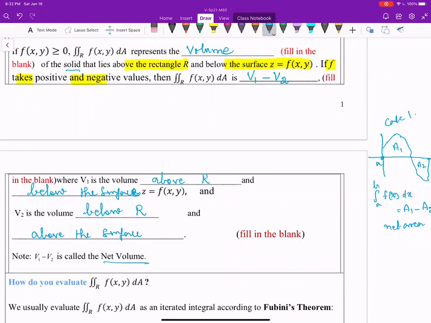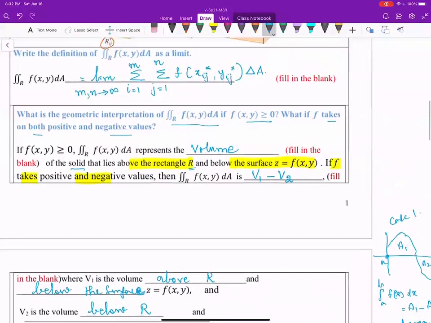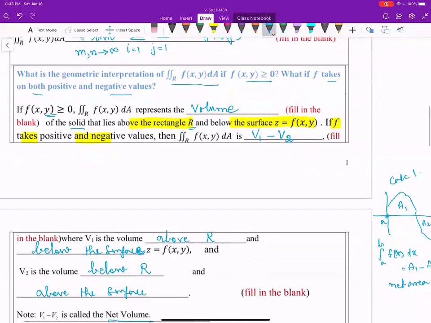Here, R stands for the rectangle. So in the earlier case it was all above the rectangle, so it is just the volume of the solid that lies above the rectangle and below the surface. In case a part of the surface is above the rectangle and part of it is below, then it becomes the net volume.